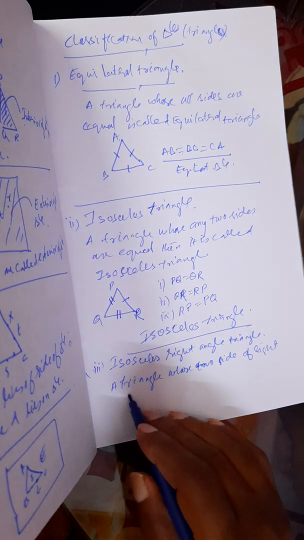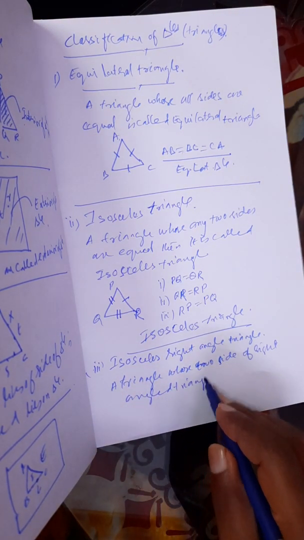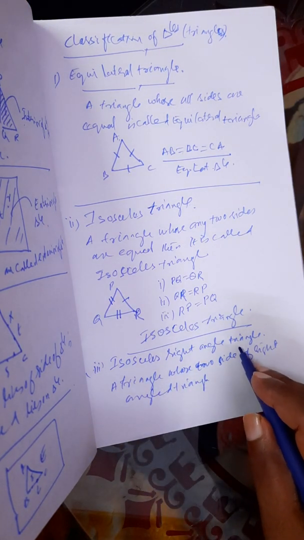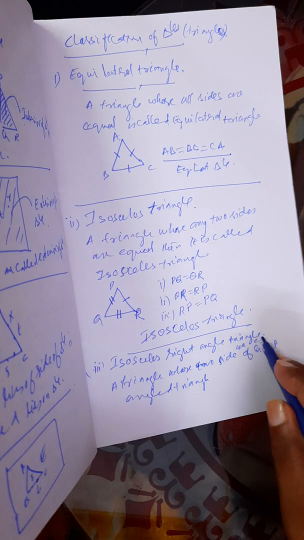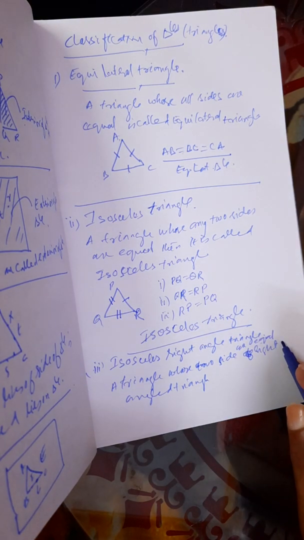Okay, right angled triangle, two sides are equal, we have to write here. Two sides are equal with right angle.